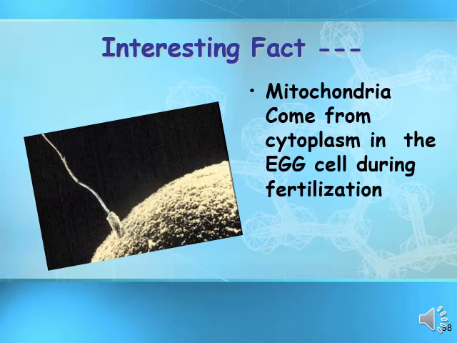Mitochondria come from cytoplasm in the egg cell during fertilization. When a spermatozoon enters an ovum and fertilization occurs, mitochondria come from the cytoplasm in the egg cell.